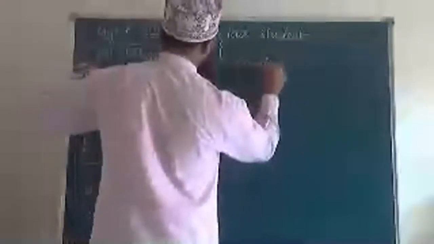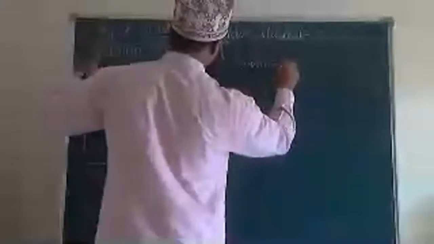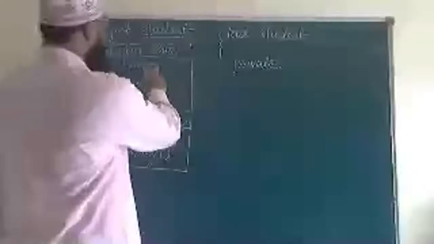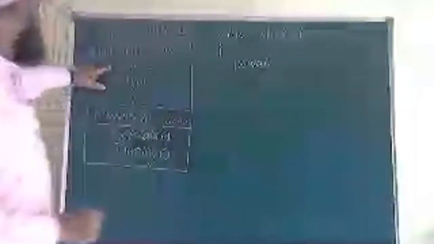After that, member data always present under the private access specifier. Here it has name, which we can take as character type. Then register number, which we take as integer because it always includes a number.